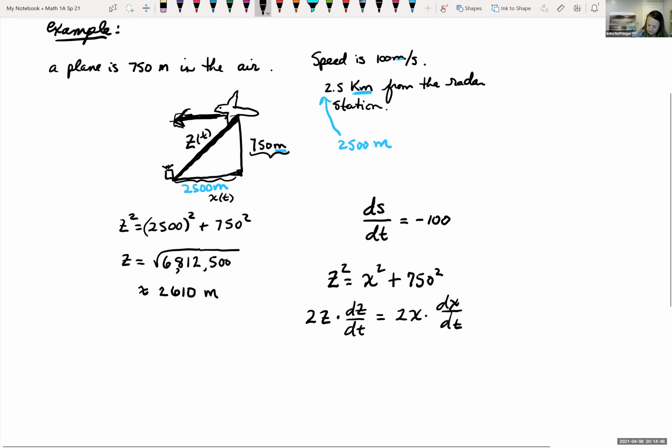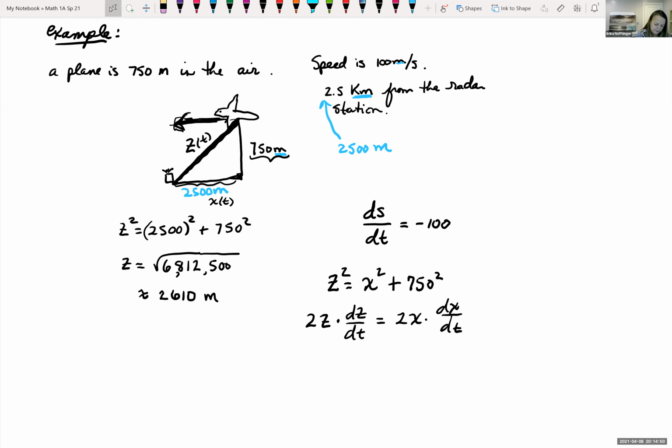So plugging this in, we want to solve for this value. This distance is changing, actually. This is the one we want to see. So we have dz dt is equal to 2x all over 2z dx dt.